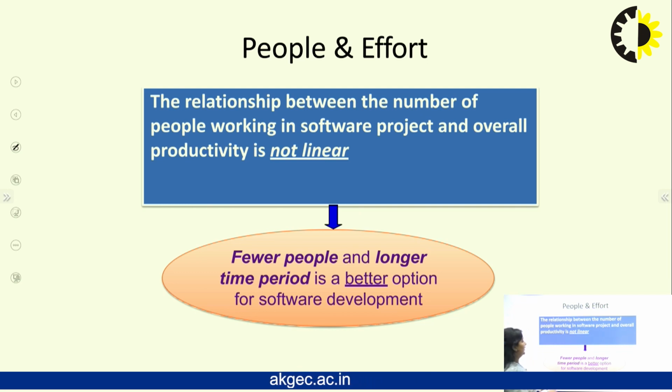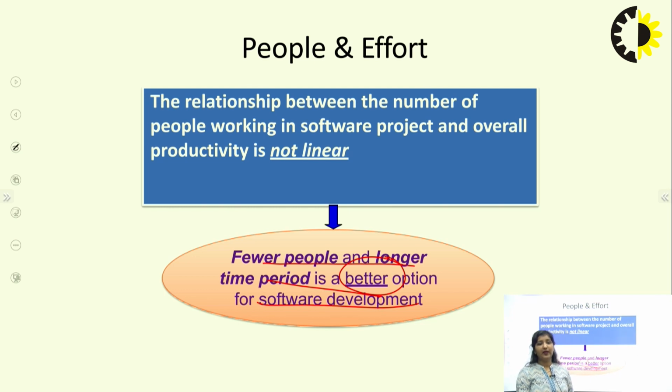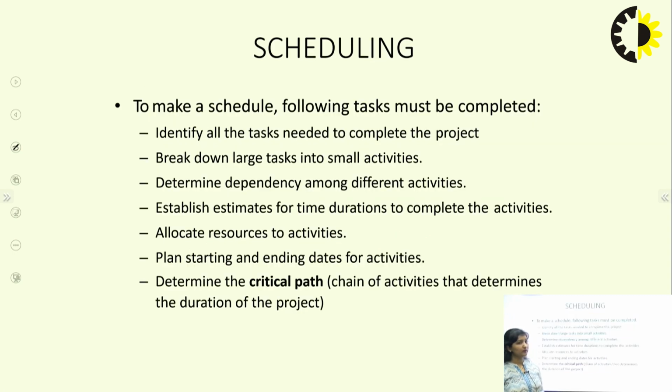Fewer people and a longer time period is a better option for software development. We can give a longer timeline, but a longer time period with a small number of people is a much better option than a smaller timeline with a huge team to work upon.